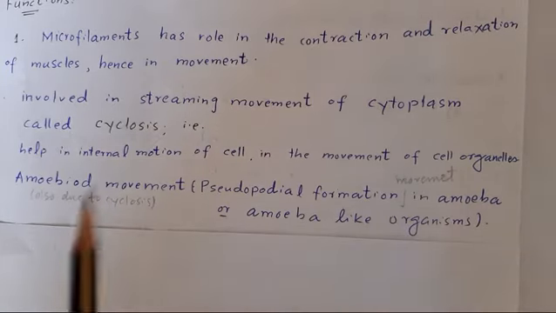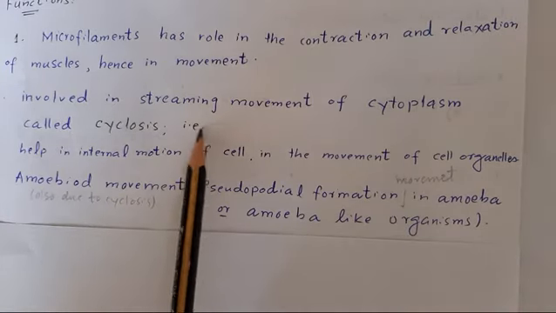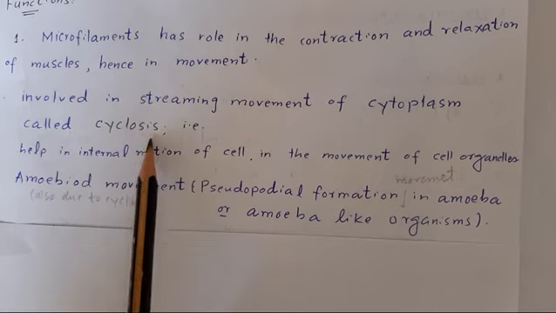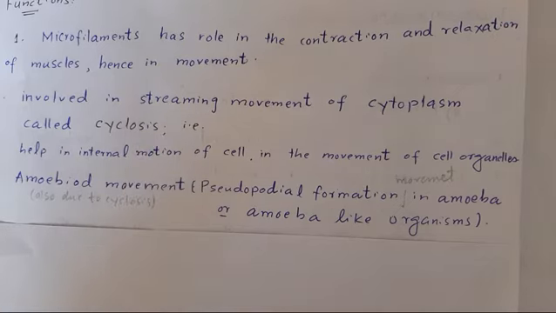So you have already studied in cytoplasm the cyclosis, the streaming movement of cytoplasm. This cyclosis is due to microfilaments, which are a kind of protein fibers part of the cellular skeletal system, that is cytoskeleton.